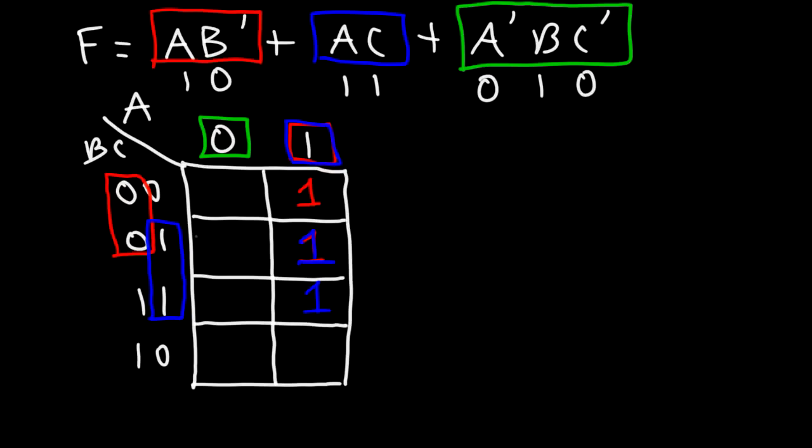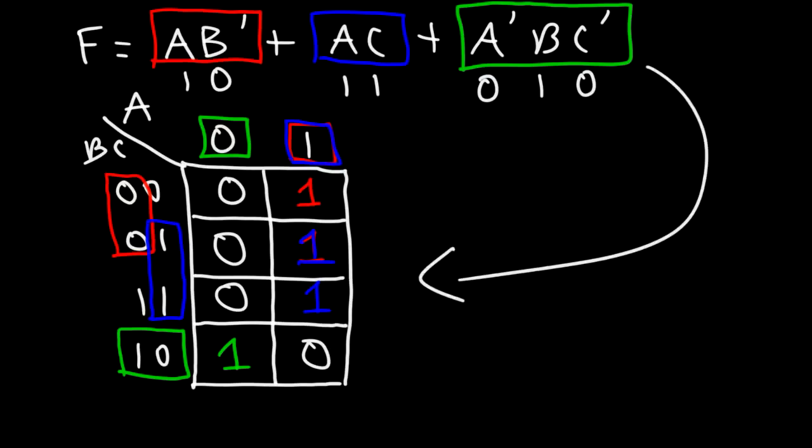So we want A to be 0, and B to be 1, and C to be 0. So that only corresponds to this last square. So we're going to put a 1 there. So every other box, we're going to put a 0. And so that is the K-map that corresponds to that function.